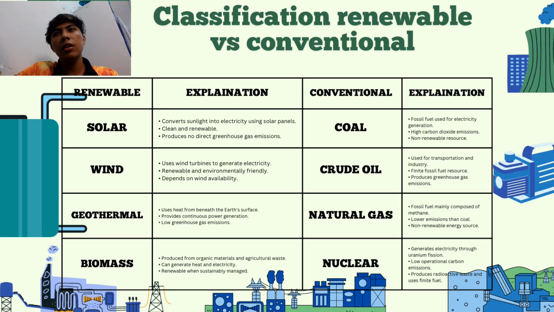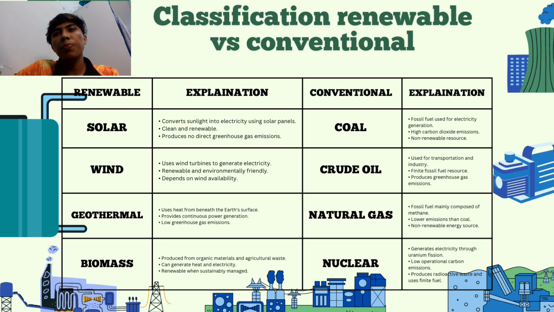So for this slide, classification: renewable versus conventional. On the left are renewable energy sources, which are naturally replenished and are more environmentally friendly. First is solar energy, which converts sunlight into electricity using solar panels.